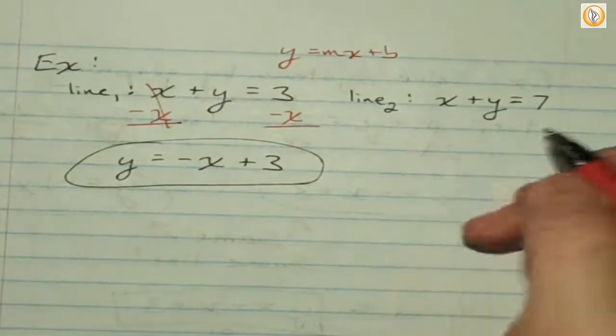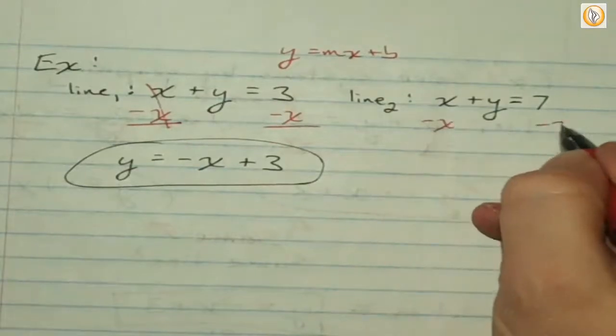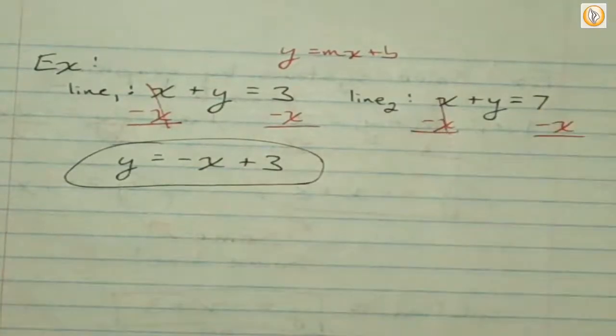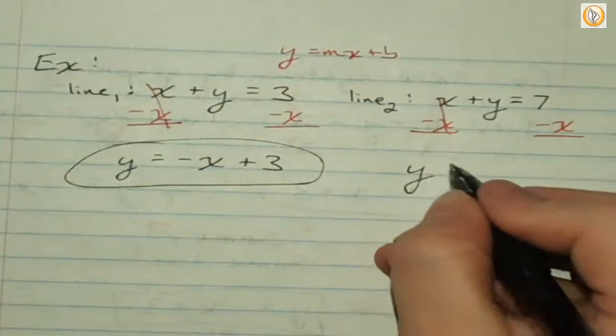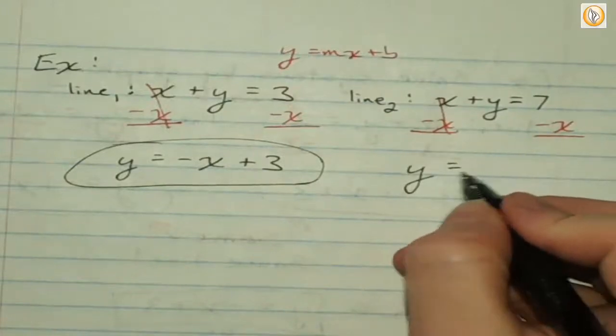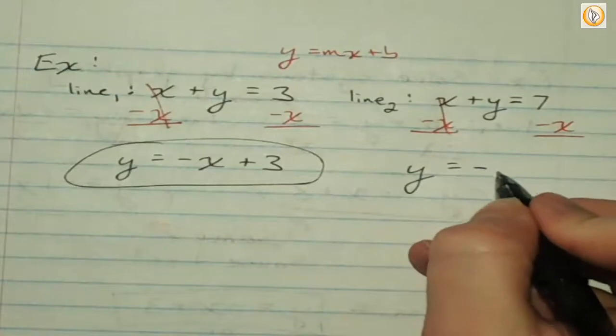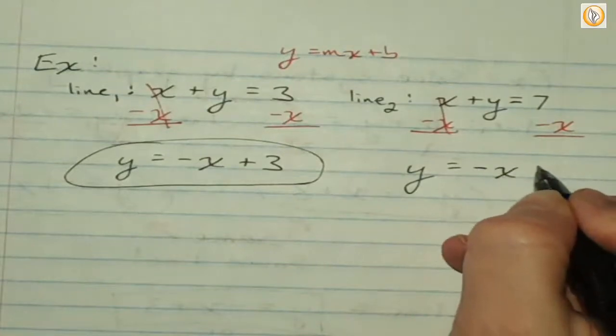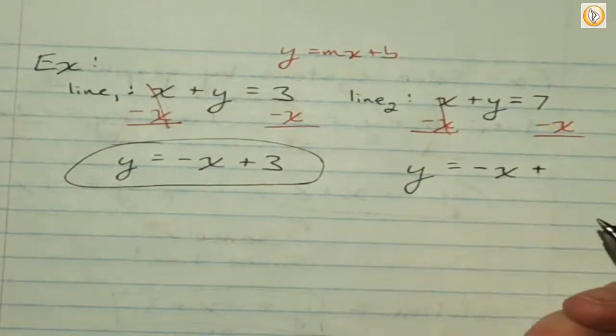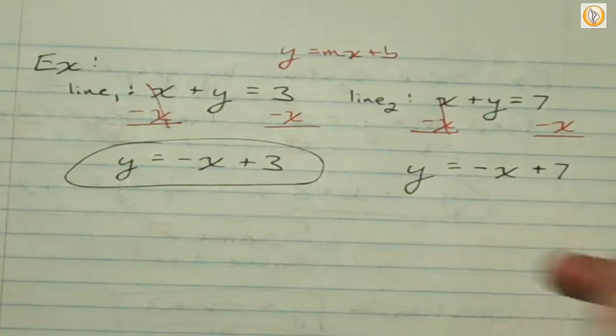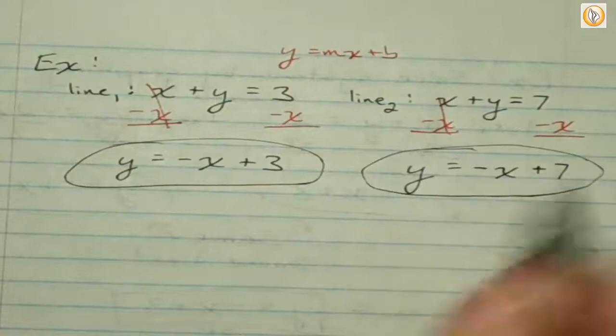You subtract x on both sides. And it would be y equals negative x plus 7. Okay, there you go.